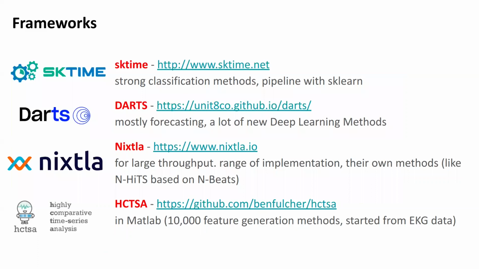I think they originally developed it from EKG data and a lot of other very specialized methods, and they built a lot of feature generation methods. So you can throw all of them in and see what helps. But again, it's in MATLAB, so not ready for production. But what you'll see is that people take feature generation methods from there and create much smaller production-level features.